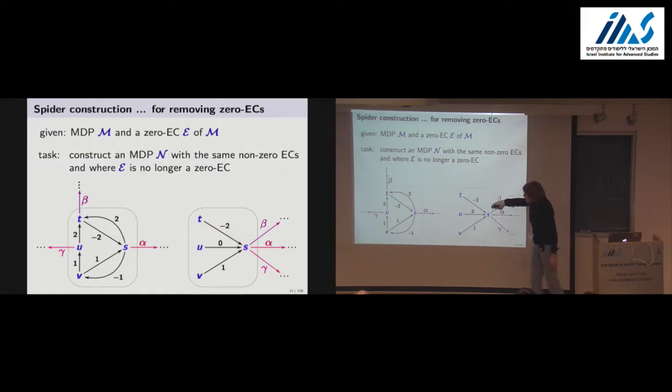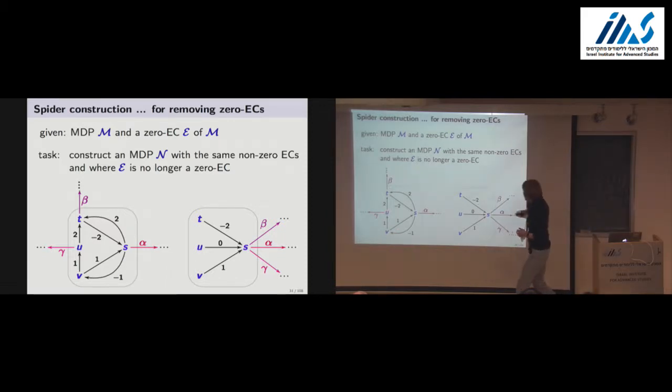Now state S, as the reference state of this EC, keeps its own actions going outside. State T, for instance, has a beta transition going somewhere else, not included in this EC. So we simply move this transition from T to S. State V has nothing here.